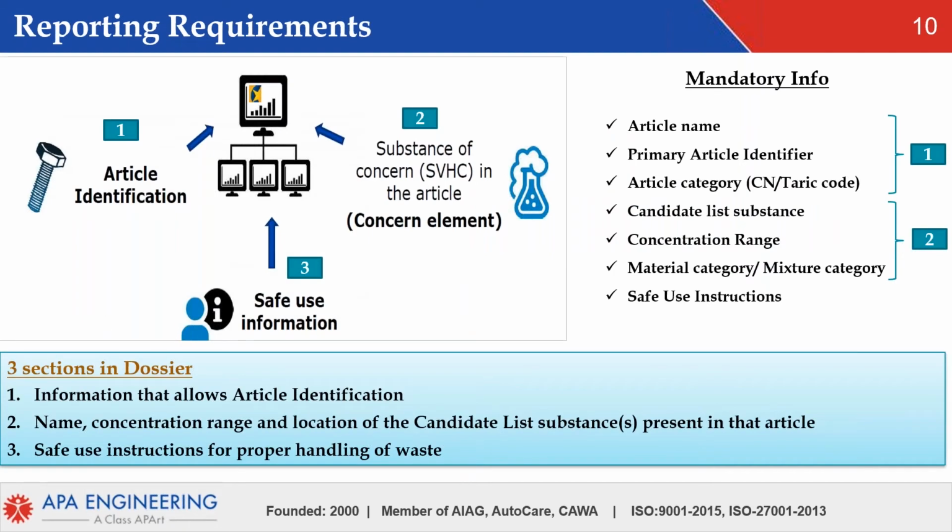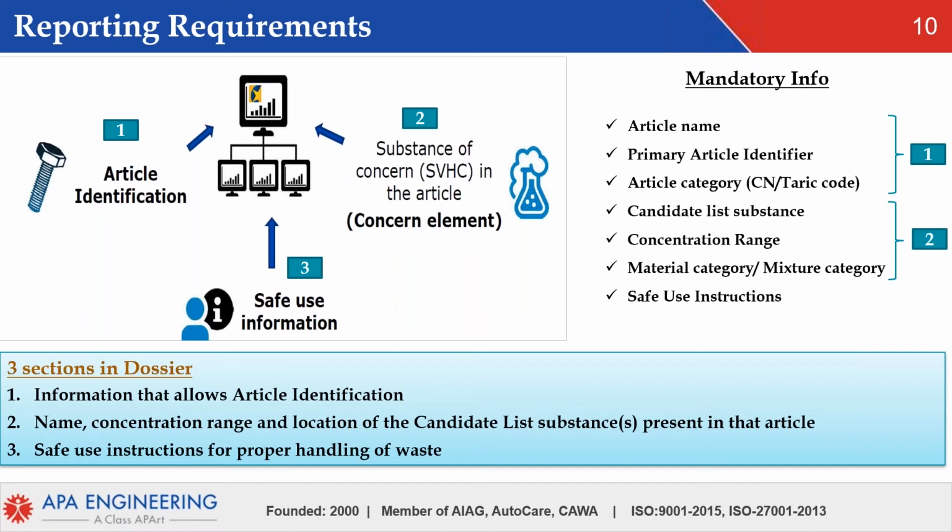So let me go through the data requirements for making a SCIP submission. So mainly there are three sections. Section 1 is the article identification, which includes the article name, primary article identifier, and article category as the mandatory requirements. The second section is the concern element, where we are declaring all the information related to SVHCs present in the product.